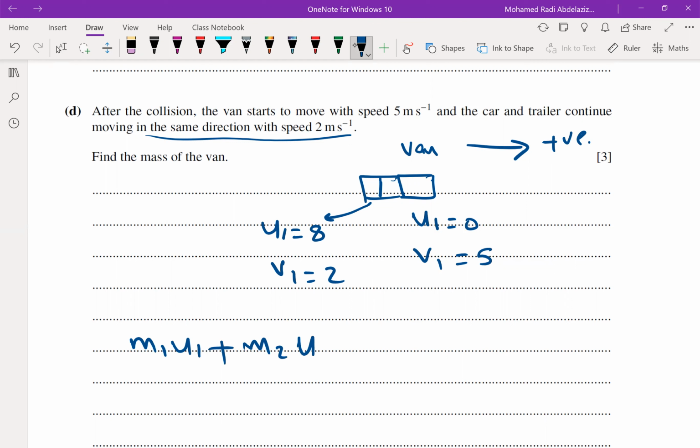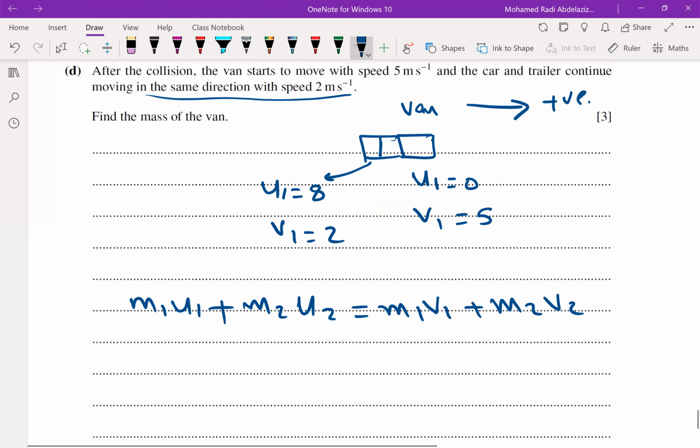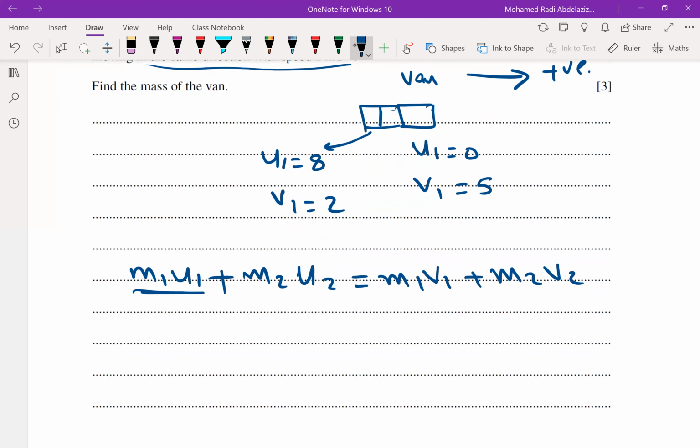You write M1 U1, this is for the car and trailer, plus M2 U2, this is for the van, is equal to, after the collision, M1 V1 plus M2 V2. Car and trailer together, it's a mass 2300. Initial velocity is 8.